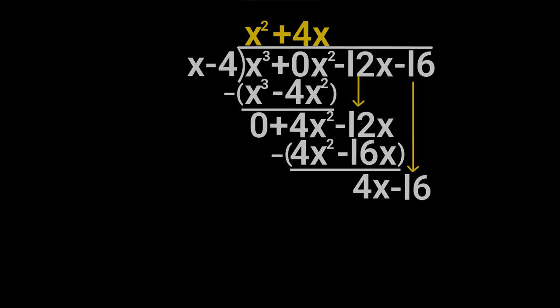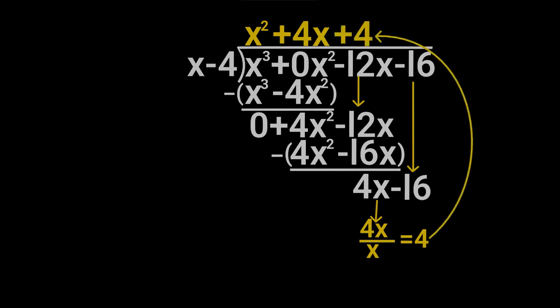And then now we're gonna take the 4x, and then we're gonna divide that by x, and that gives us 4. We're gonna take that 4, and then we're gonna put on top of the division sign once we have that, and then we gotta multiply that with that divisor.